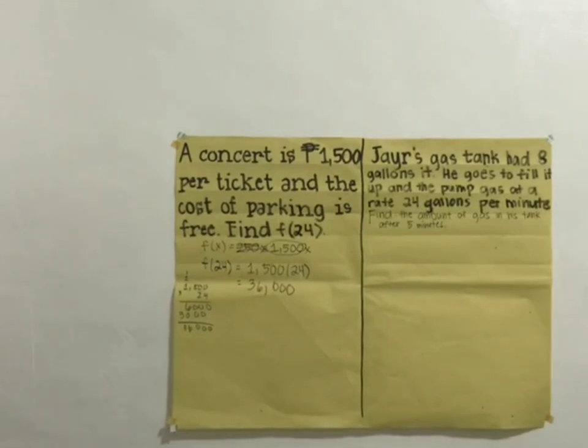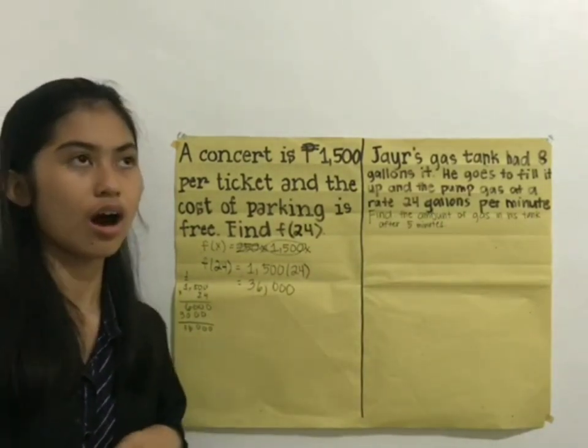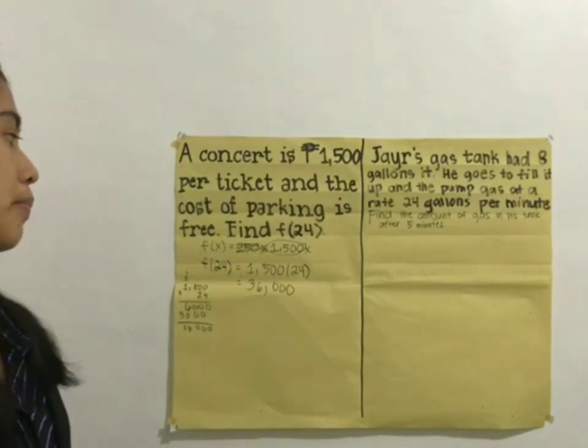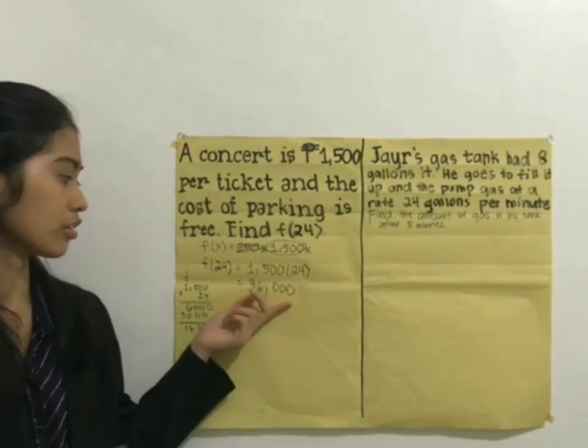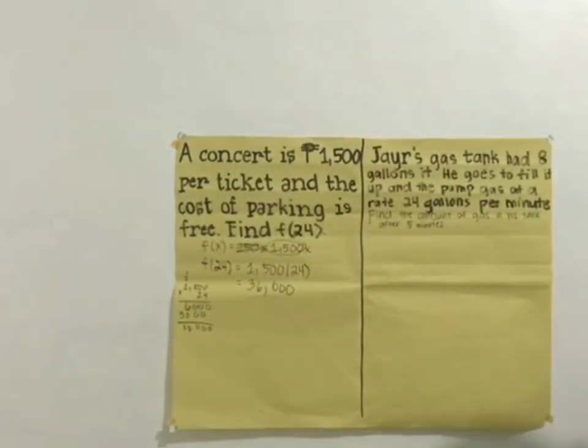So if you're going to buy 24 tickets, you're going to pay 36,000 pesos. So let's have another example of evaluating functions.